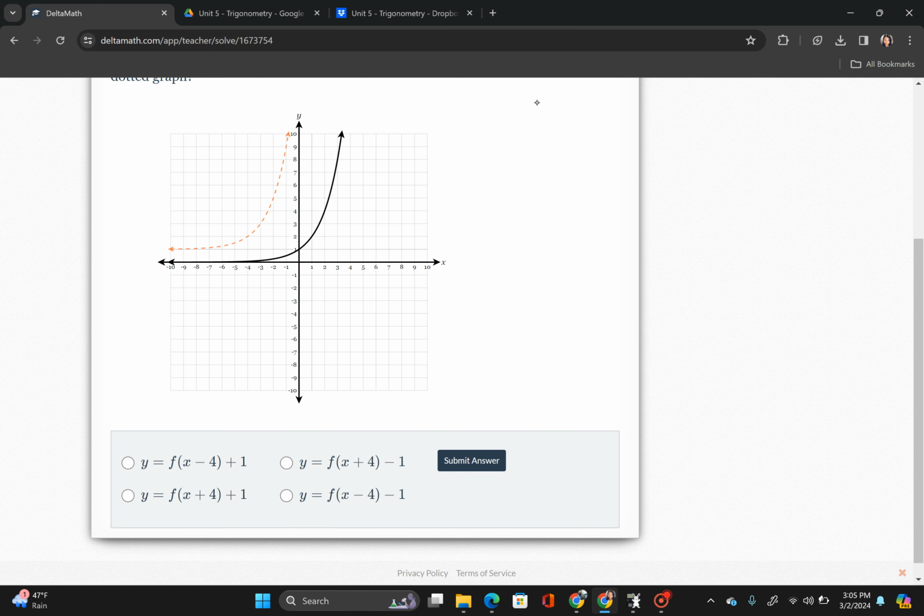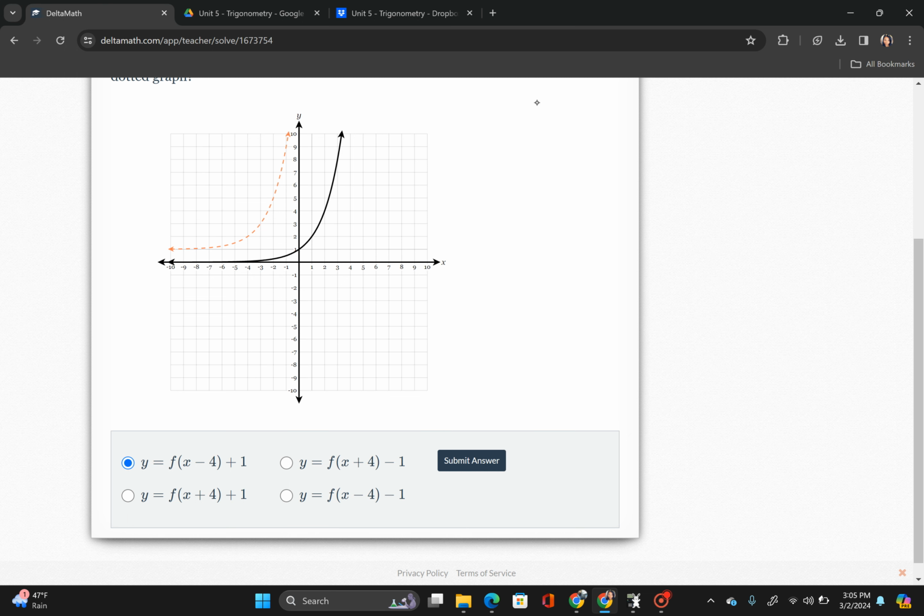So automatically I know it's either going to be choice 1 or the one below it, because they both have a +1 in it. And it's also getting shifted to the left 1, 2, 3, 4. Okay. It's going up and then left. Yeah, so 1, 2, 3, 4.